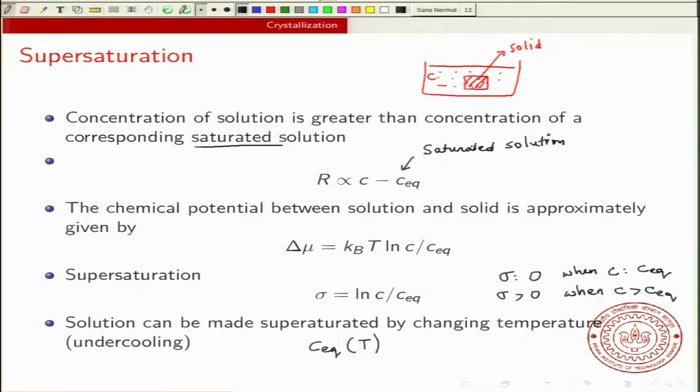So suppose you suddenly lower the temperature. Then you are undercooling it, we use the phrase undercooling, which says that you are below the equilibrium temperature, and that makes the solution supersaturated. So it is again out of equilibrium. This is one way of growing crystals from solution.